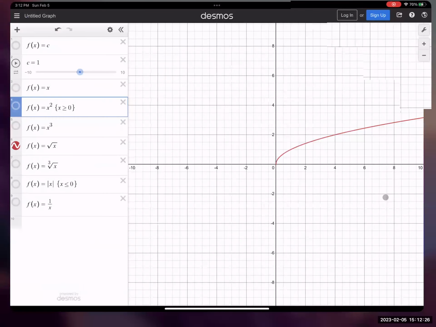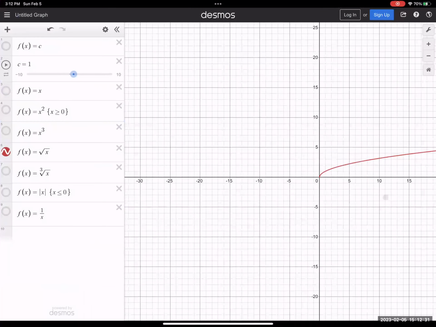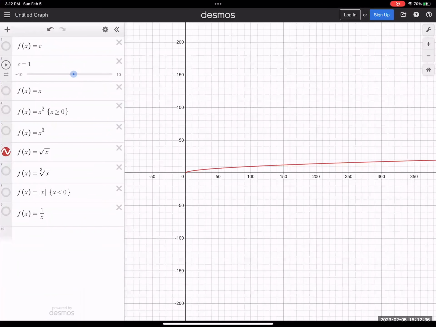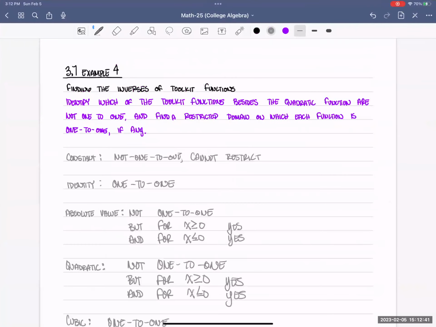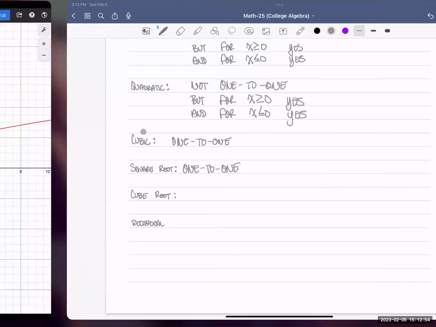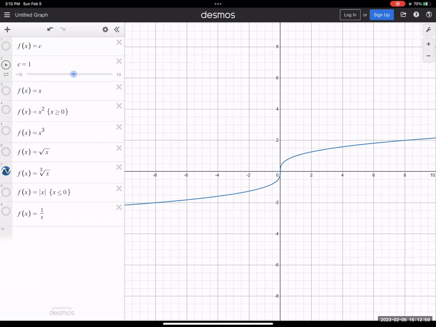No matter how far we zoom out, it's always going to be the same thing. It looks like it's one-to-one here, already one-to-one. Let's check our cube root function. Same thing, we're one-to-one here.